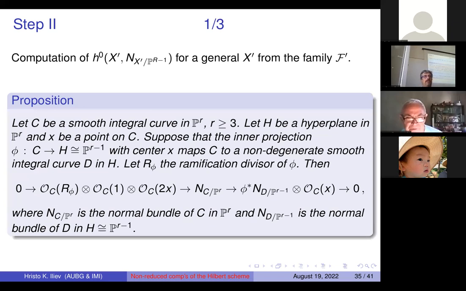I need such a sequence in order to compute H0 of the normal bundle of X prime. So that's why I need such a sequence. So, we have used such a tool, in fact, in the proof of theorem A, but back there, the projection wasn't inner, projection was general.